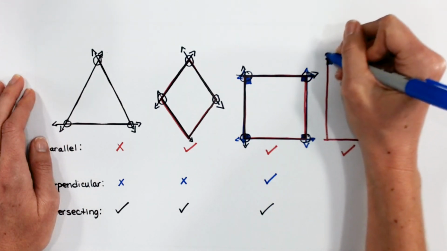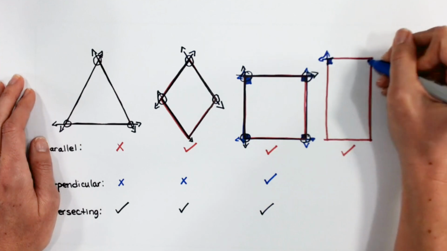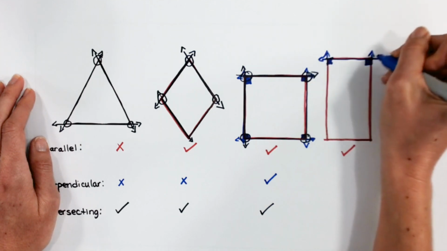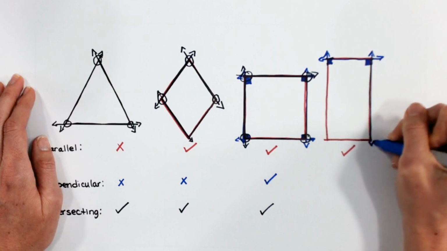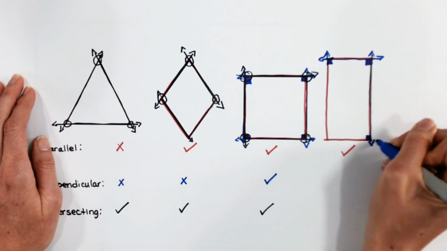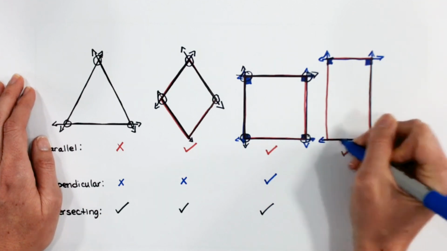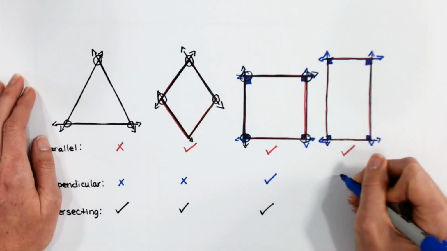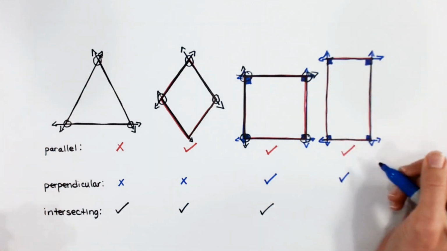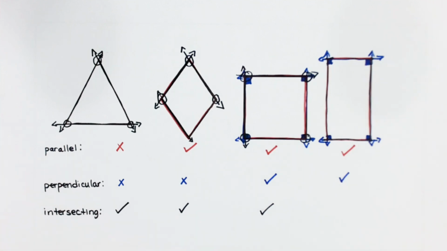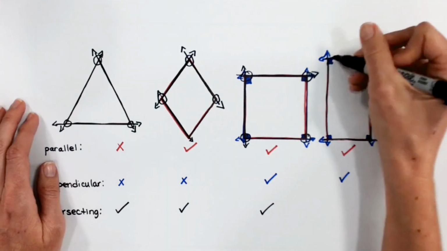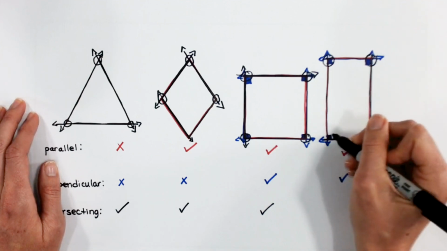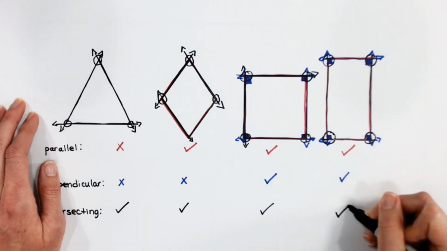My line here and here intersects to form 90 degrees, another 90 degrees, 90 degrees, another right angle here. So yes, my rectangle has perpendicular lines. And we also have intersecting lines because they are intersecting at a point. It just happens that it forms a right angle.